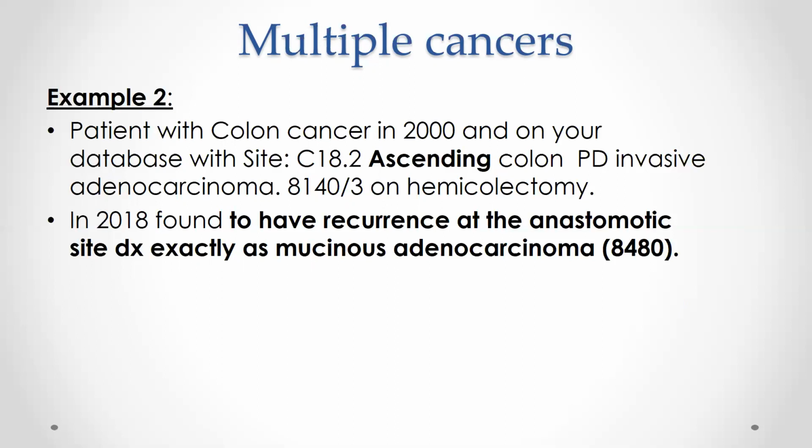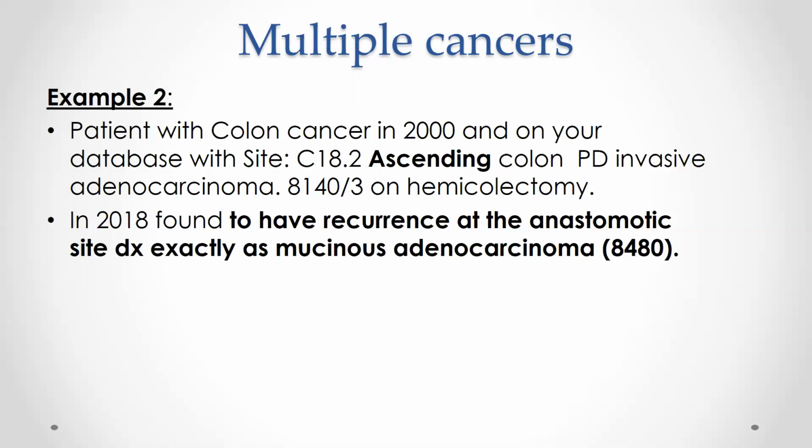In this case, we have a colon cancer diagnosed in 2000, already abstracted, probably already on your database. Primary site is C18.2, and the histology is invasive adenocarcinoma. Then in 2018, the patient is found to have a recurrence at the anastomotic site, diagnosed exactly as mucinous adenocarcinoma 8480.